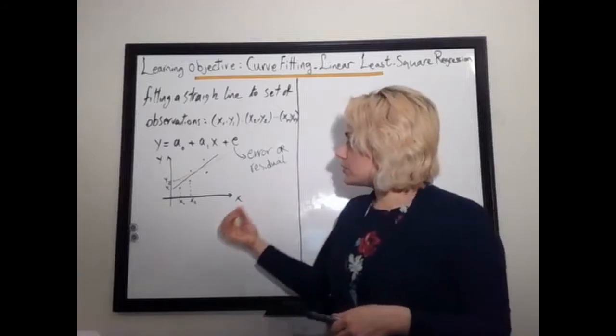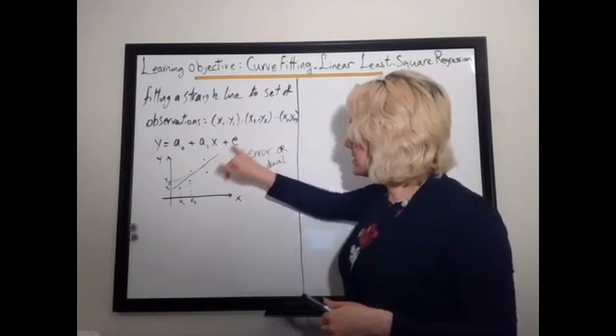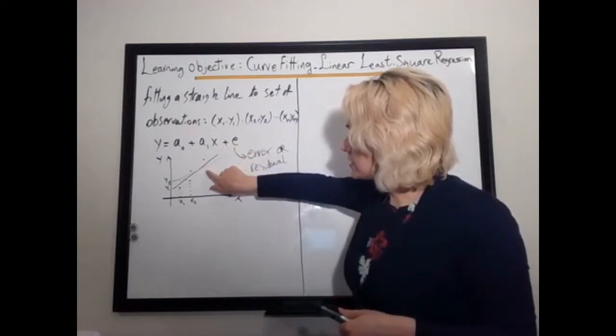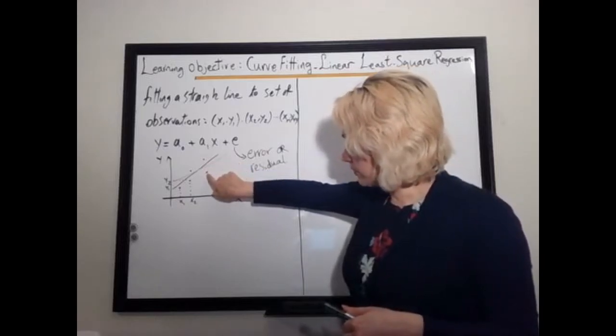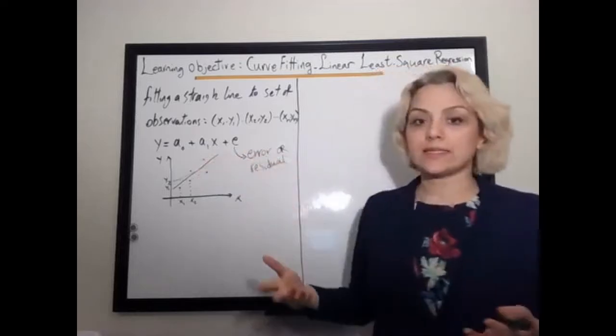So we are going to choose the line that has the minimum error, because this e is the difference between this point and this line. So we are going to choose the one that has the minimum.